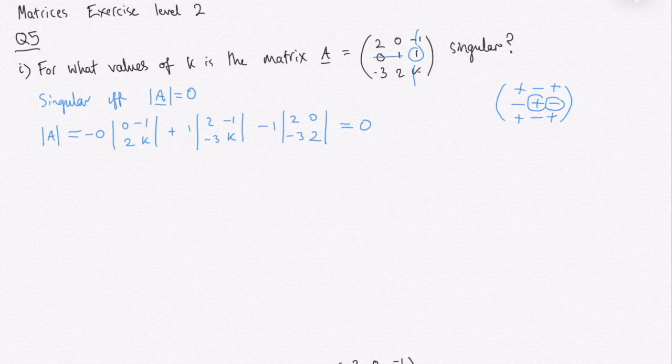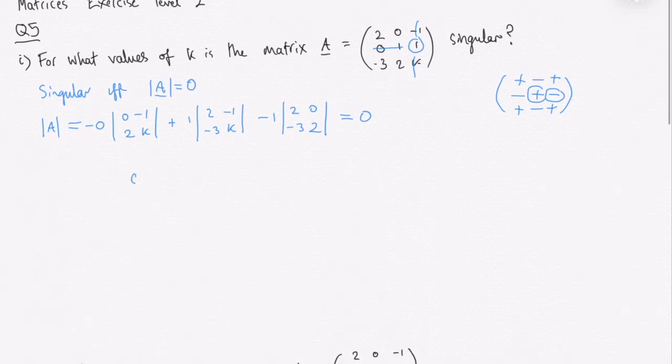So what do we get if we expand this determinant? Well, we get 0 times k, subtract 2 times negative 1, and that's also multiplied by 0, so it doesn't really matter what that is. We get 1 lot of 2 times k, subtract negative 1 times negative 3, which is negative 3, and we get negative 1 lot of 2 times 2, which is 4, subtract 3 times 0, which is 0.